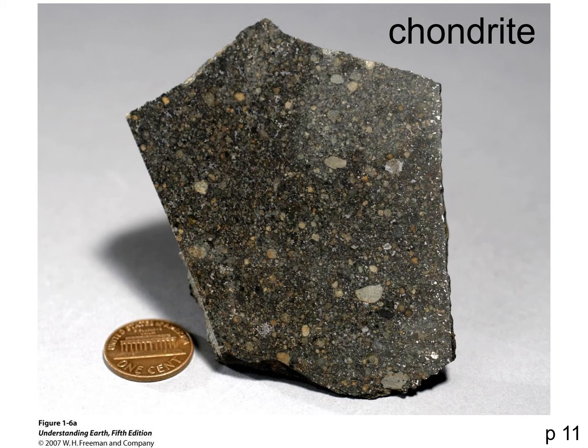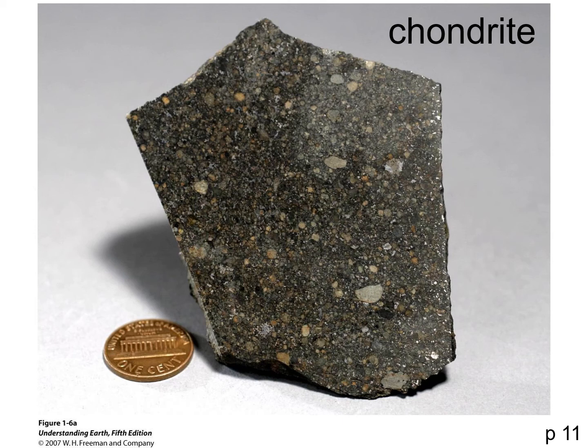As for how we know that there was all this stuff up there and for the timing of when it all occurred, occasionally pieces of the material that didn't ever end up accumulated into planets land on the Earth as meteorites. And the majority of them have a composition and components of the rock that's shown here, which is called a chondrite.